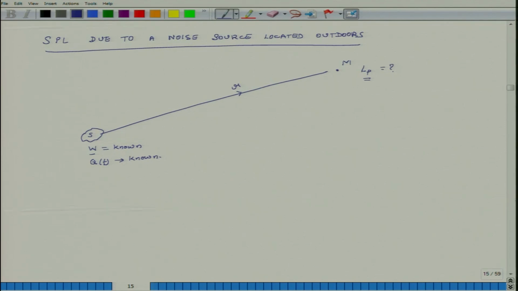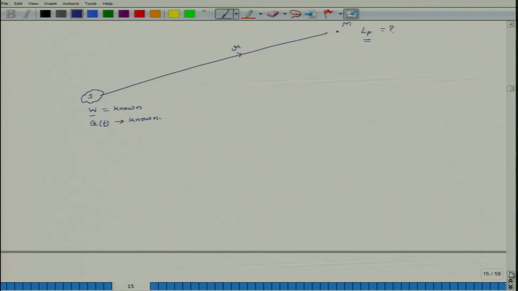These are the two things we know about it, and we do not know LP. So, we will calculate LP. This is what we plan to do. An assumption is that r is very large compared to lambda.